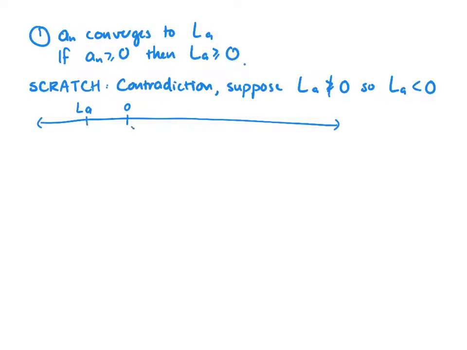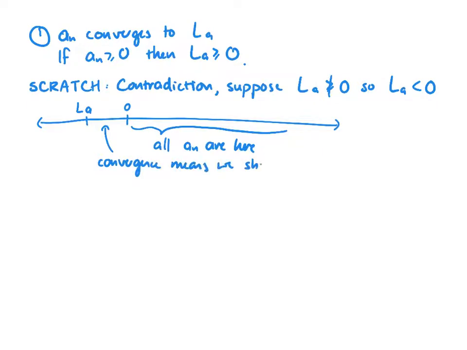So all A sub n are here. Okay, but we're supposed to be able to get within epsilon, right? Within any positive epsilon of the limit, right? So convergence in particular tells us we should be able to get in here. Be able to get in here.